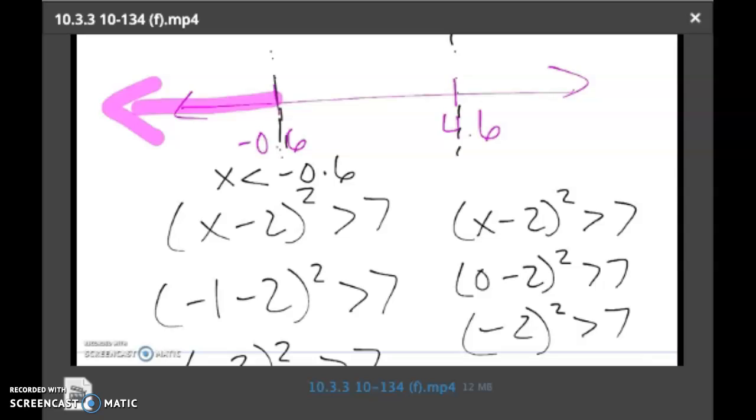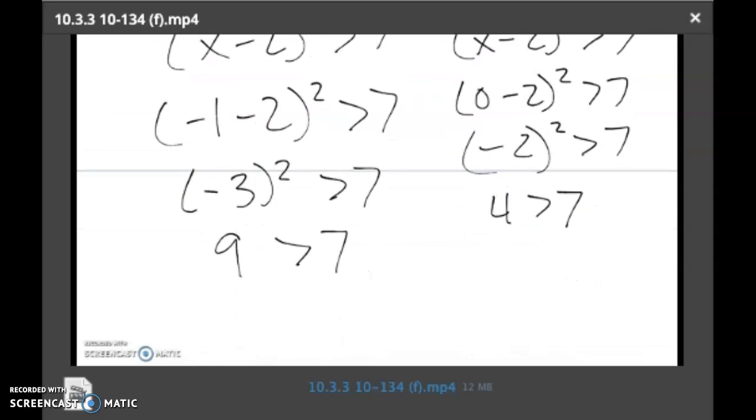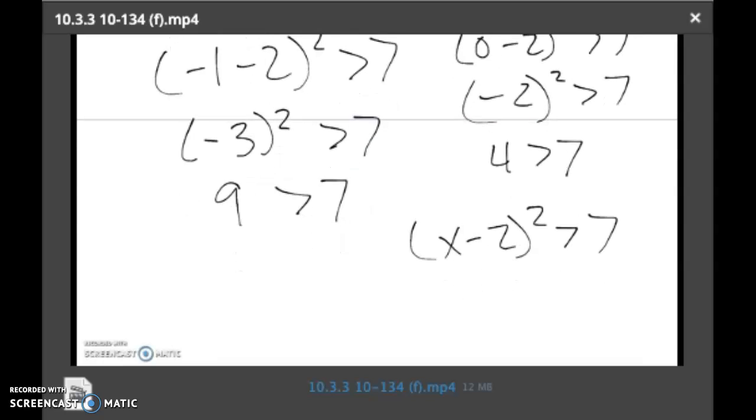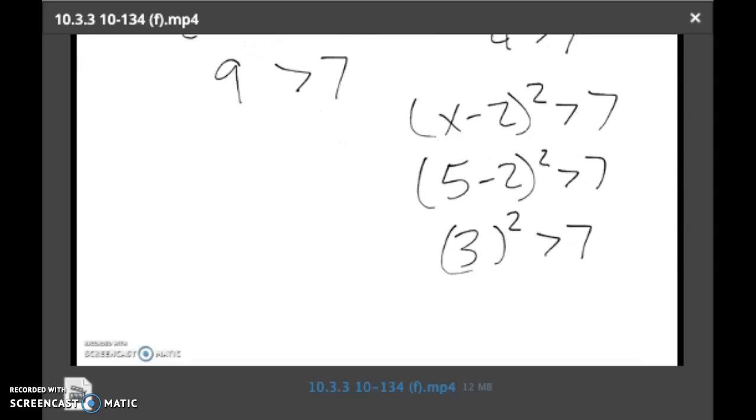And then I'm going to finally test a point that is to the right of 4.6. So I'm going to test 5. I'm going to take my original inequality again and put 5 in for x and see what happens. So I get that 9 is greater than 7. That is true.